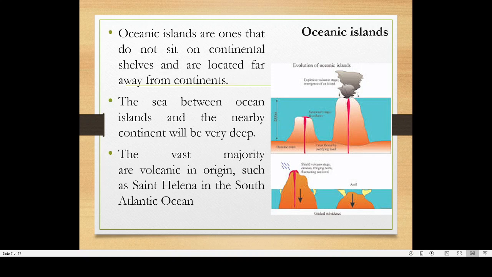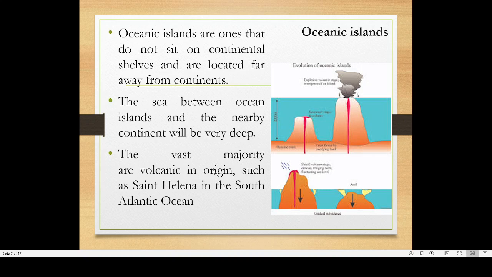There are thousands of volcanic islands on this earth, and most of these islands are under the control of Western nations, or they may be colonies of European countries like Britain, France, Germany, the Netherlands, or Spain.